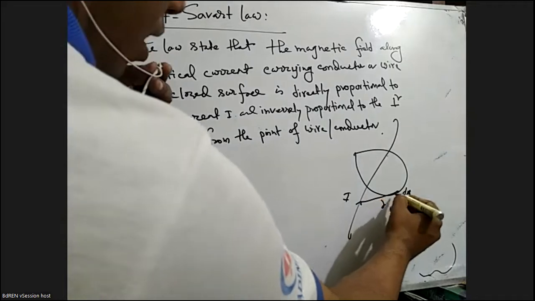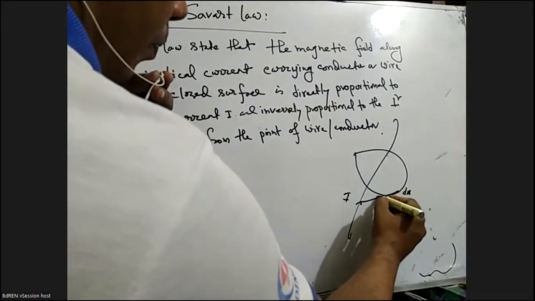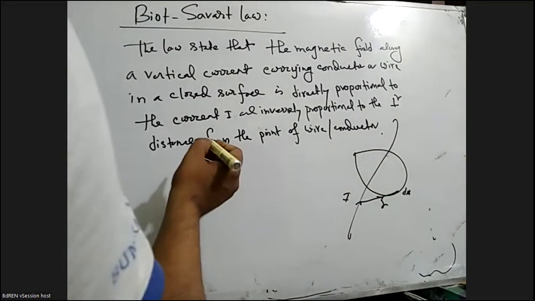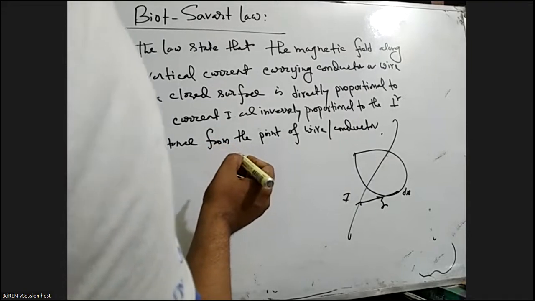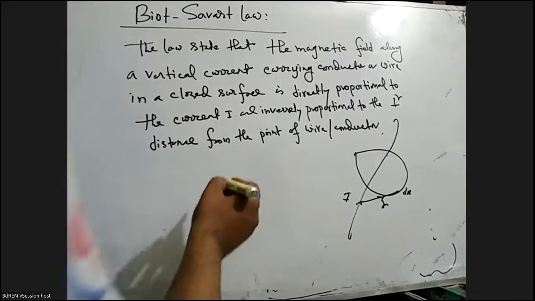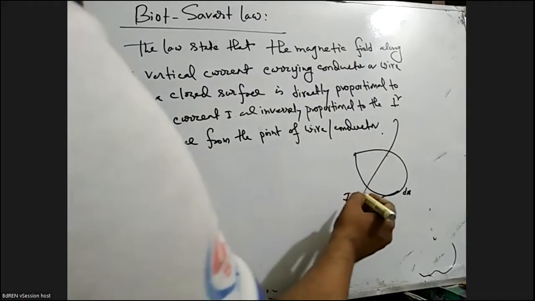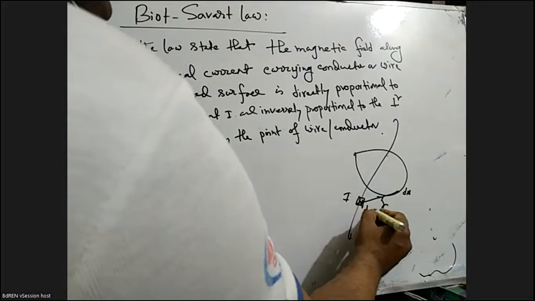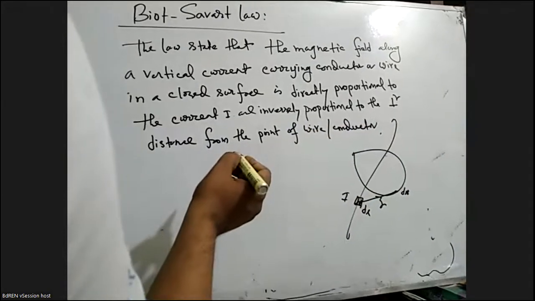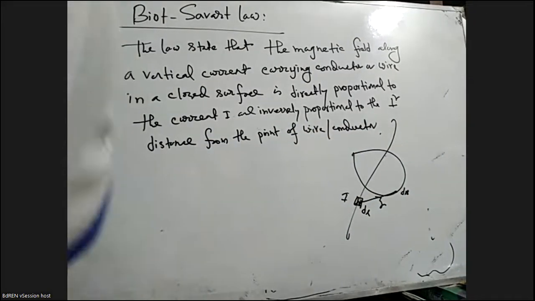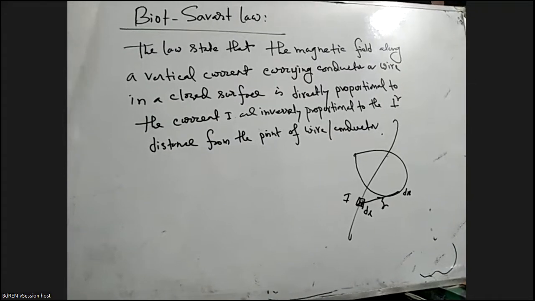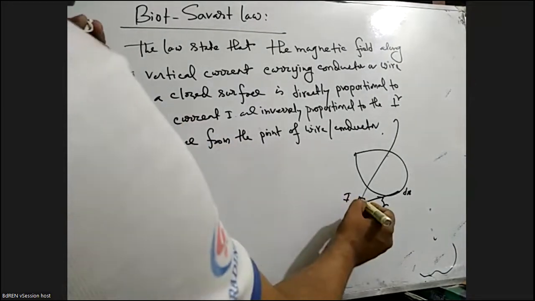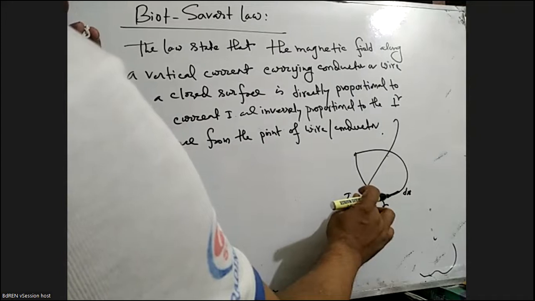This is the radius R. And here is a small length, this is the dl, and this is the midpoint of this small length.